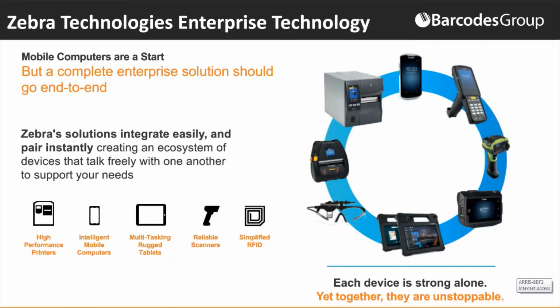Zebra does have a full lineup of enterprise gun grip devices, more ergonomic consumer grade devices, tablets, wearable technology, and then even head-mounted technology that incorporates augmented reality. They've migrated, so they are on the latest Android operating system. They do still have some legacy Windows devices, but we all know Android is kind of the future in this enterprise-grade technology.